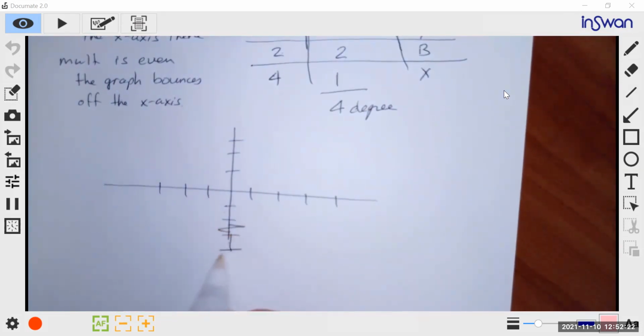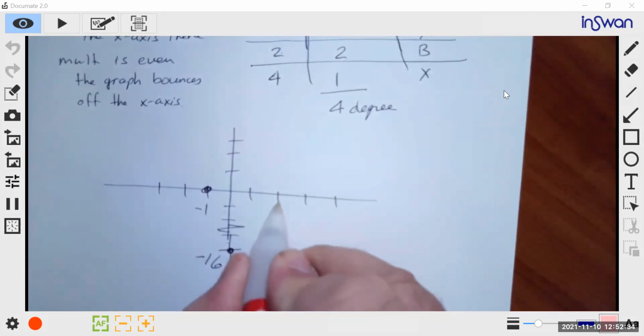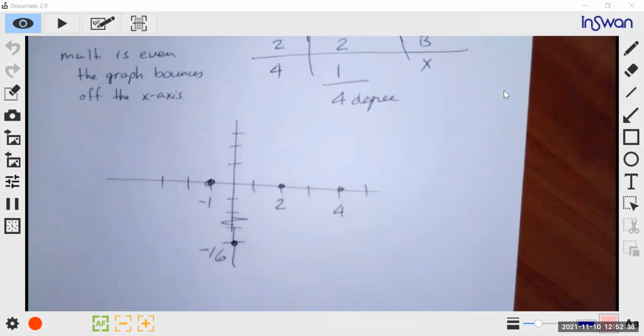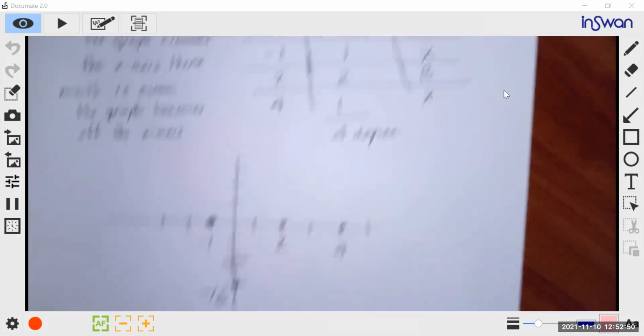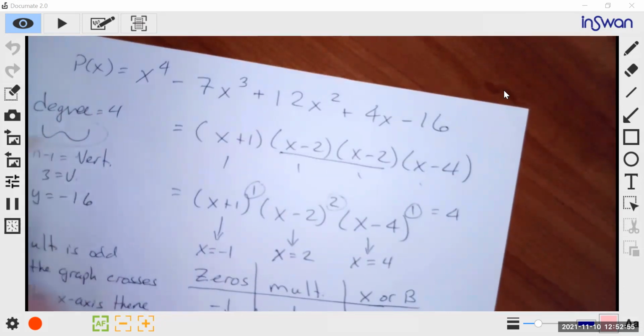So we know what happens on the x-axis at those points. And we know our graph crosses the y-axis at -16. So at -1, 2, and 4, we have our x-intercepts. We know it's a degree 4 equation, and the leading coefficient is positive, so the graph opens up.